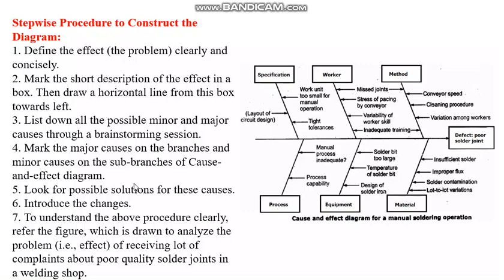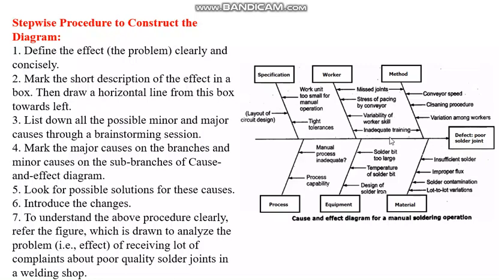Okay, so now we are seeing the stepwise procedure. First we have defined the problem: poor solder joint is the problem. Second, mark the short description of the effect in a box. You see here we have marked "Defect: poor solder joint" in a box. Then draw a horizontal line from this box towards the left.